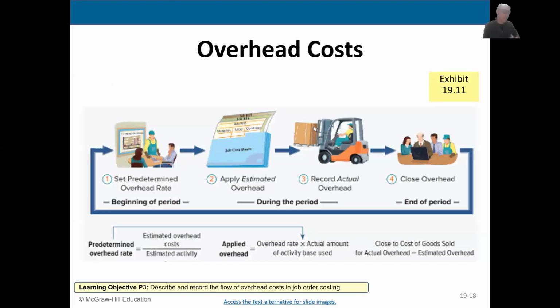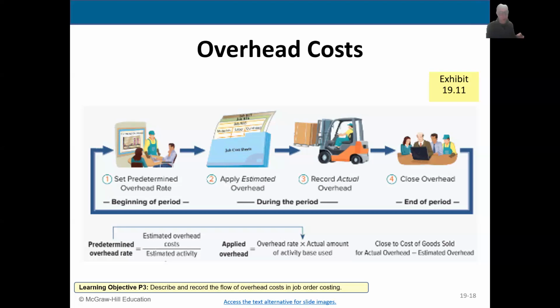So I had mentioned that there are a couple of different ways to apply the overhead cost. One of those methods is called the single plant wide rate method. This is also known as the predetermined overhead rate. And here's how it works.